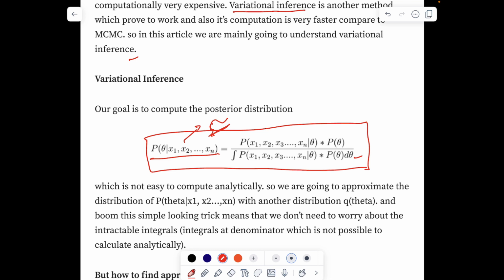Let's say this is the posterior distribution. We want to approximate it with another distribution called q theta. We have p theta already, and we want to approximate it by some distribution q theta, which is a distribution we already have much information about.